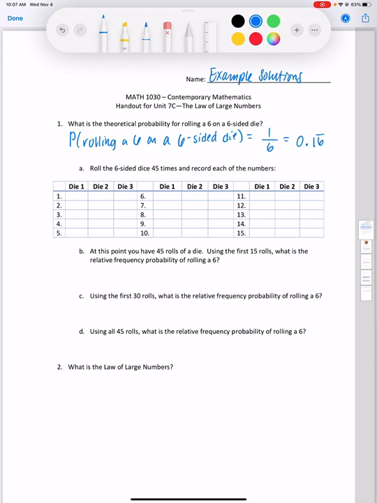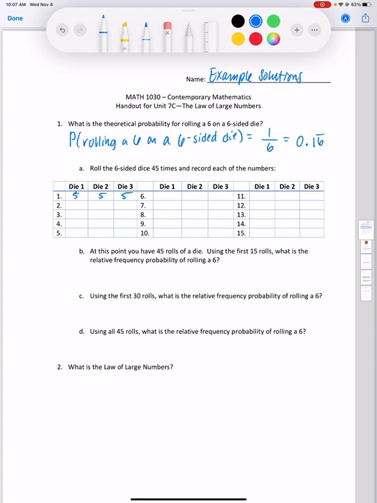Okay, so we're going to study what happens when we roll six-sided dice a lot of times. We're going to roll these six-sided dice 45 times, but we're going to do it quickly, 3 dice at a time. We'll keep track of how many 6s show up. So I'll roll these and write down the answer. That one we got all 5s.